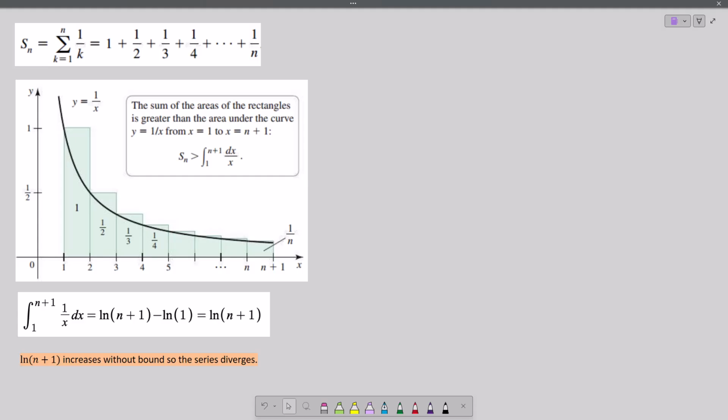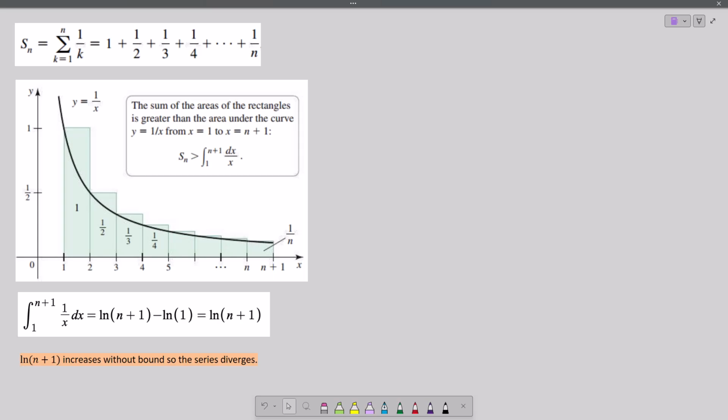There's no way to write this without the dots. We can't add that up and get a closed form for S sub n that we could then take the limit of. So we cannot just take the limit of this S sub n, because we don't have a formula. We don't have a way that gives us the nth value by just plugging in n. Like with the telescoping, we ended up with S sub n equals a polynomial looking like thing that we could take the limit of. We can't do that here.